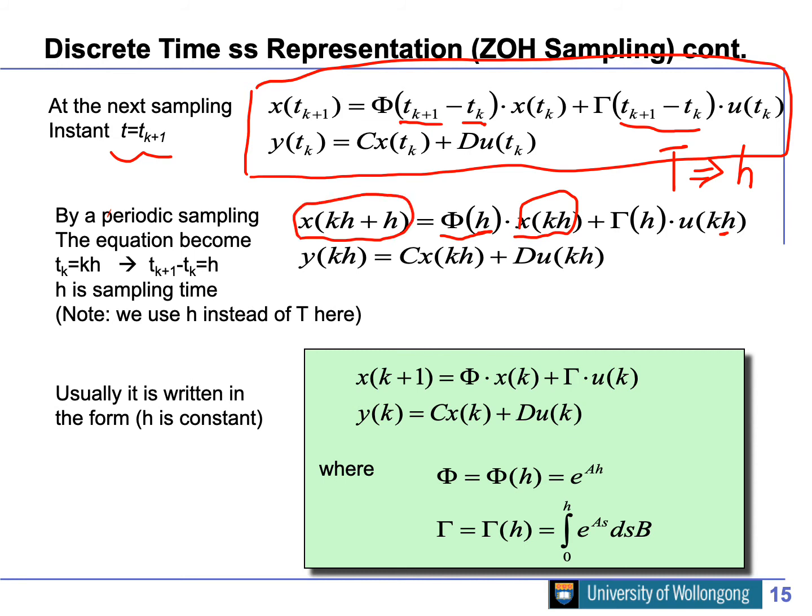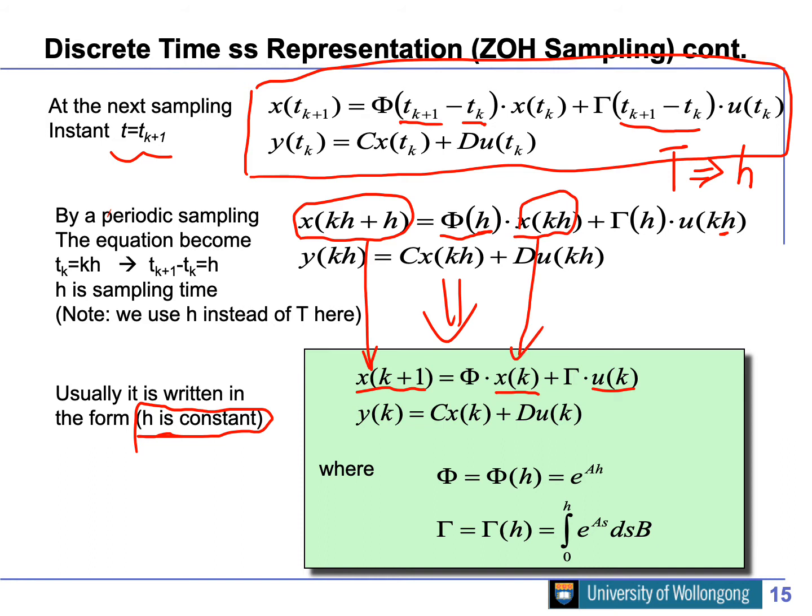Because we would write this h over and over again, and in most cases we can just explicitly say h is a certain constant, the sampling period, when we write this equation we don't actually put h there. We just say x(k+1), x(k), u(k).